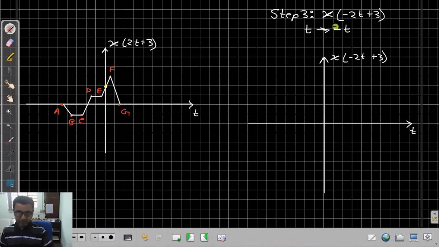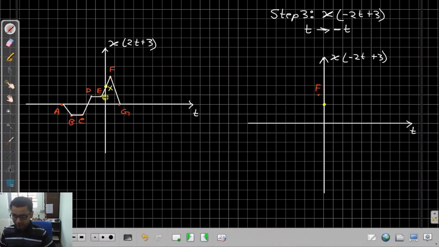Since t is replaced by minus t, this graph will flip horizontally about the y-axis. Okay, so this will be flipped horizontally, and this yellow point which is on the vertical axis will not change its position. So this point x will remain here. Point F will come on the left side.